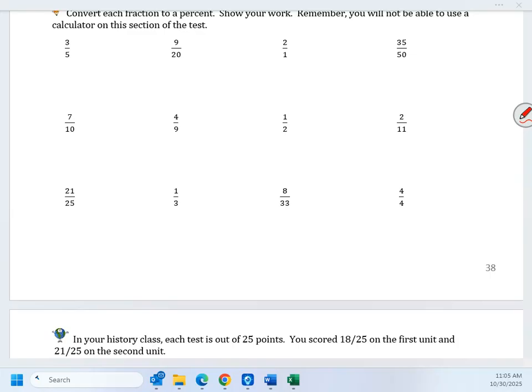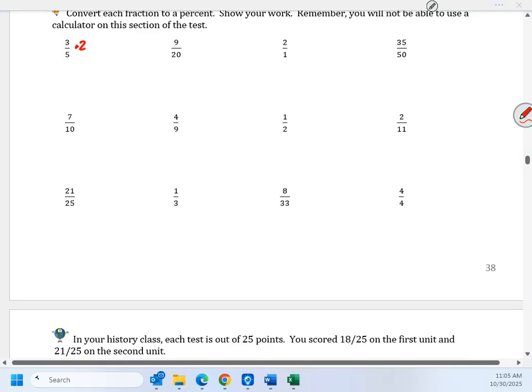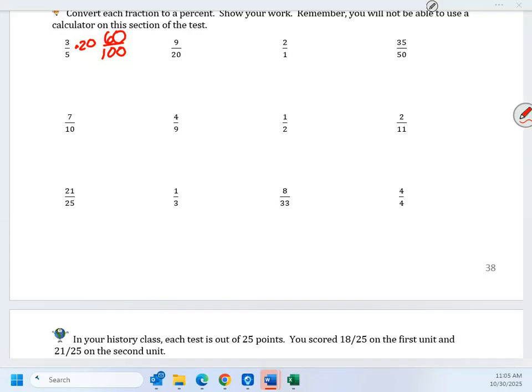So what do we multiply 3/5 by, Elliot? 20, because we want 5 to turn into 100. 5 times 20 is 100, so I need to do 3 times 20 to be that 60. I do want you to show me what that scale factor is that you are multiplying by.